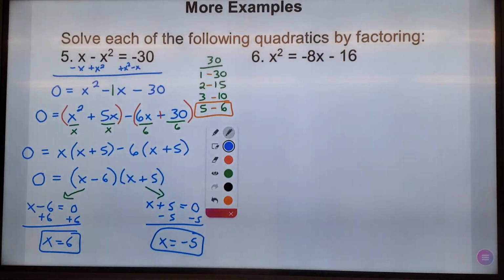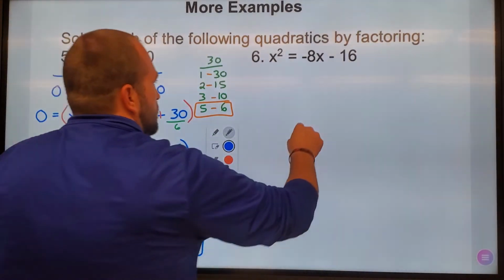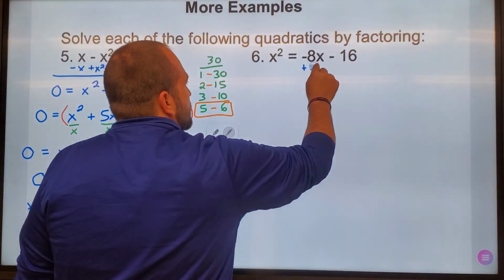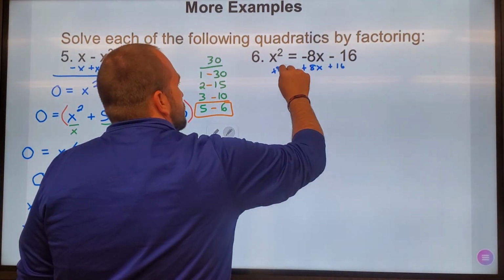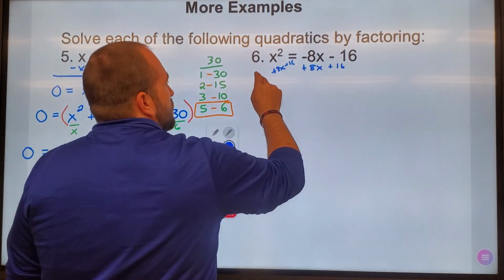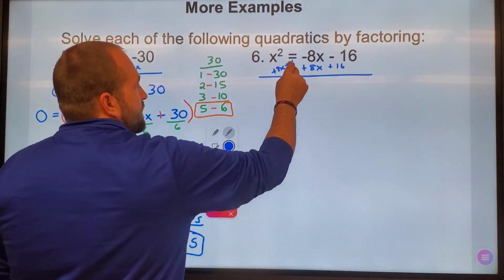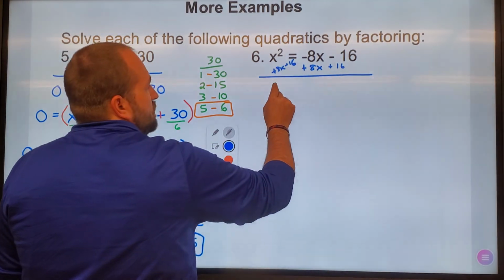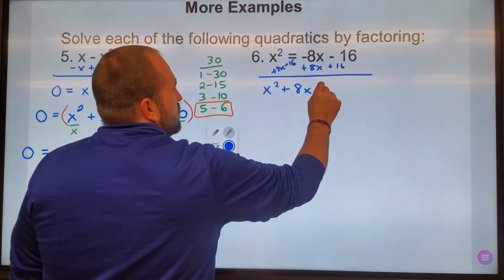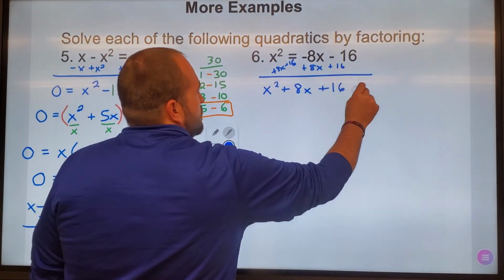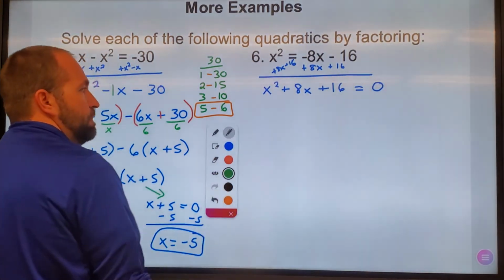Okay, for the last example then, again, paying attention to the fact that x squared is positive on the left, I'm going to bring everything over to it. I'm going to add 8x. I'm going to add 16. X squared plus 8x plus 16 equals 0.